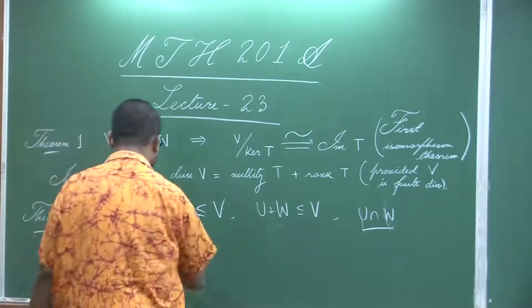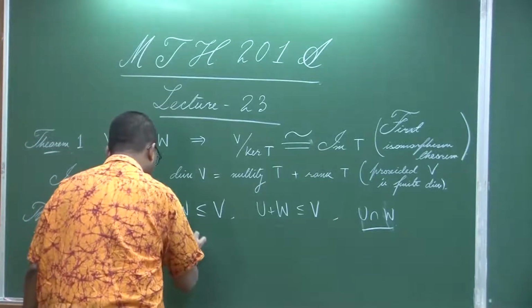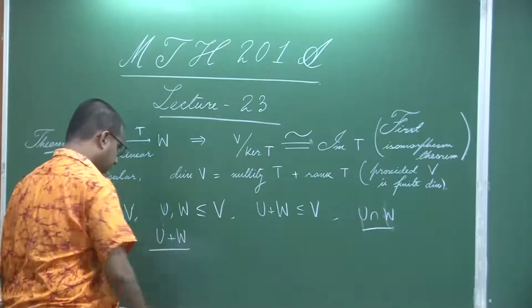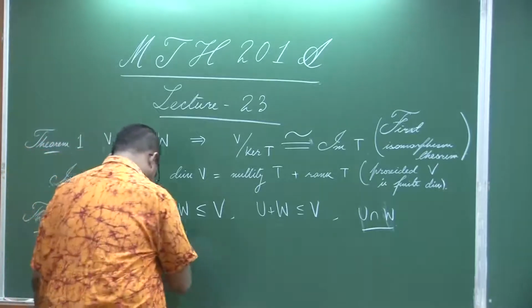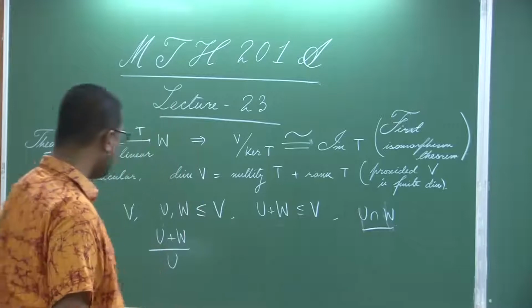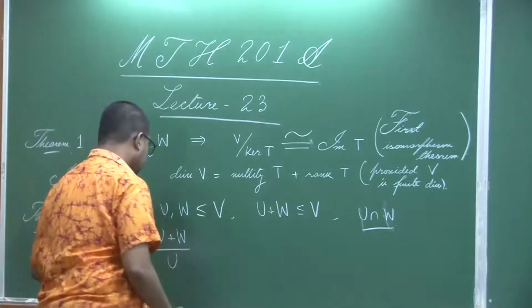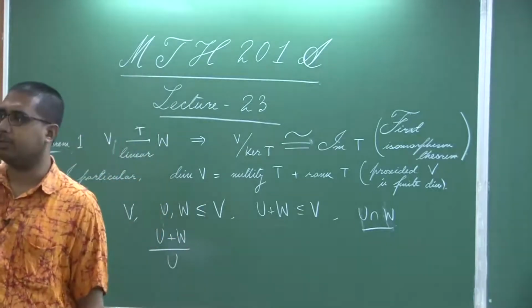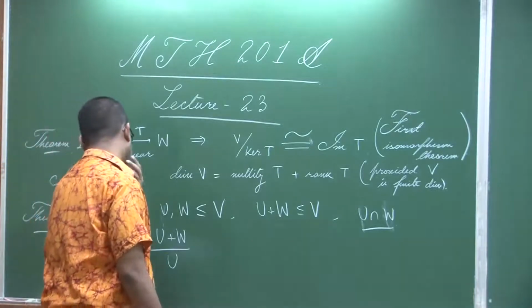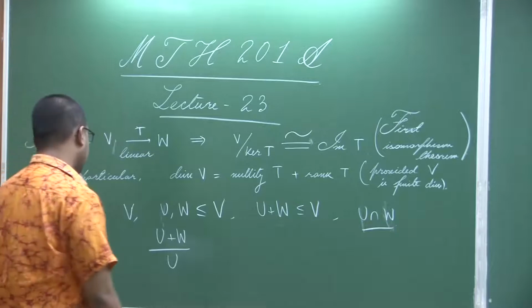So, what we do now is take U plus W, which is a subspace of V, and quotient it out by W. Now, the question is can we see this space in terms of the intersection, and in fact that is exactly what we would like to see.